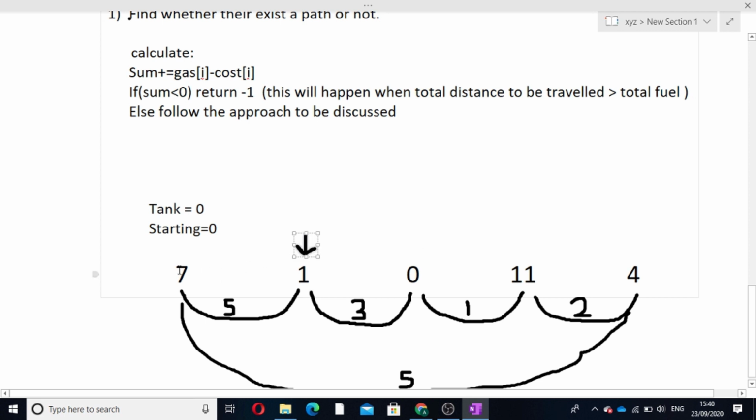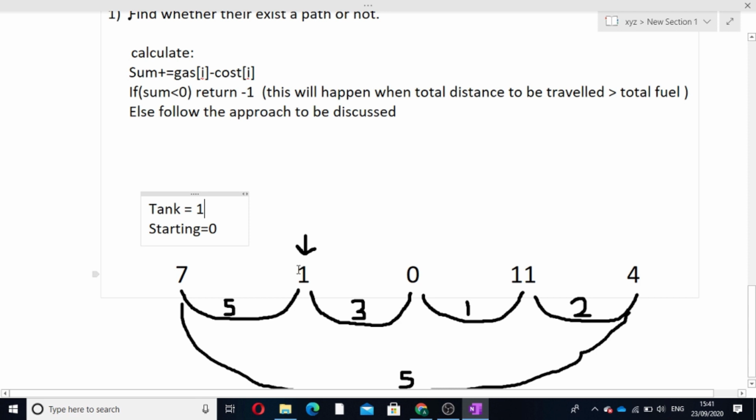That is, the initial starting point was 0, then we found that this trip is not possible, so we initialized the starting point with 1. But see, in this case what will happen? We already know that when we were at one position and we consider 1 as a starting point, we won't be able to move to the next gas station. At 1 our tank capacity initially was 0, at 1 we filled 1 unit of fuel and our tank capacity became 1, and the amount of fuel required to move to the next gas station is 3, but 1 is less than 3.